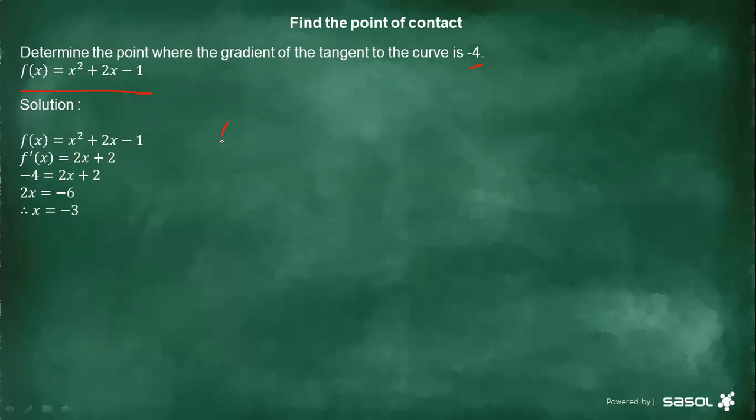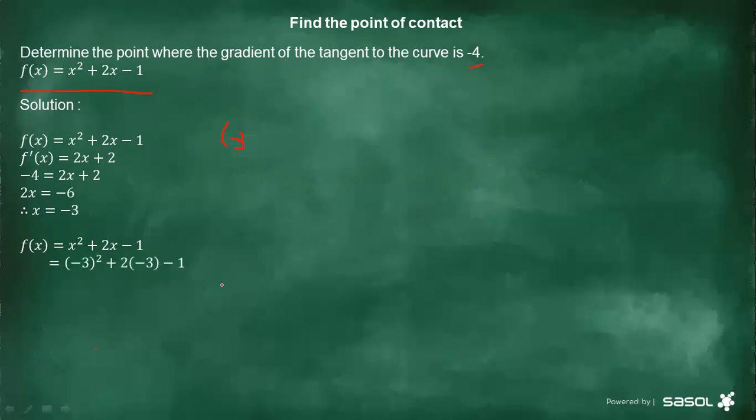Meaning from that point that we are looking for, the value of x is -3. Then to get the corresponding y value, what are we going to do? We are going to substitute the x value that we have just determined into the original equation before we derived.